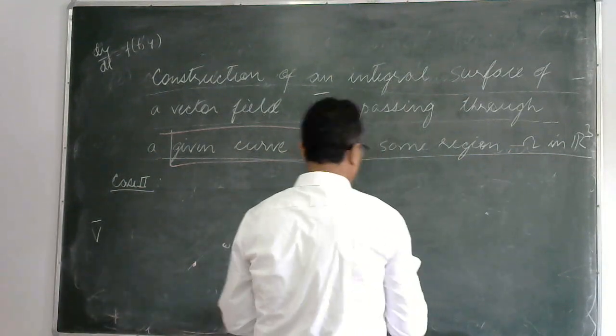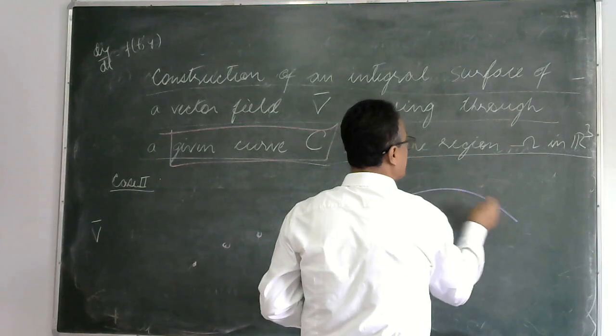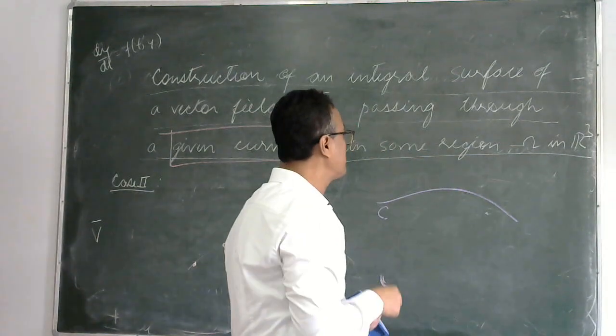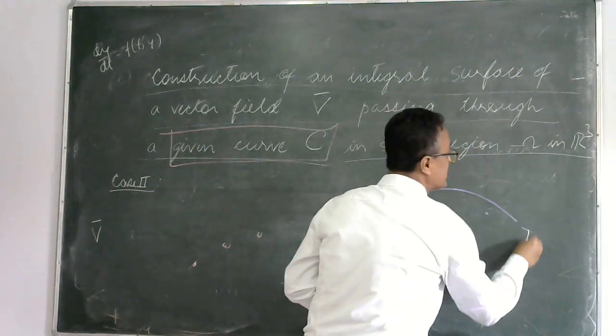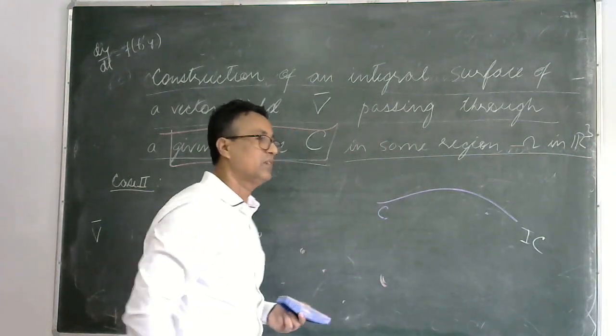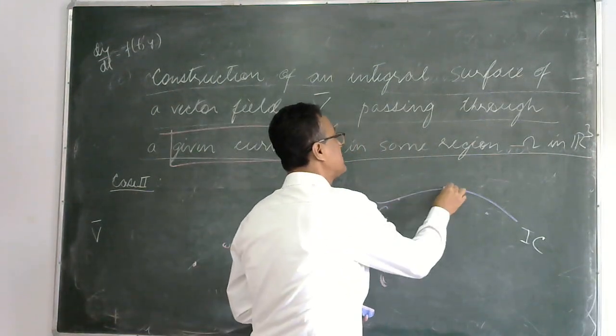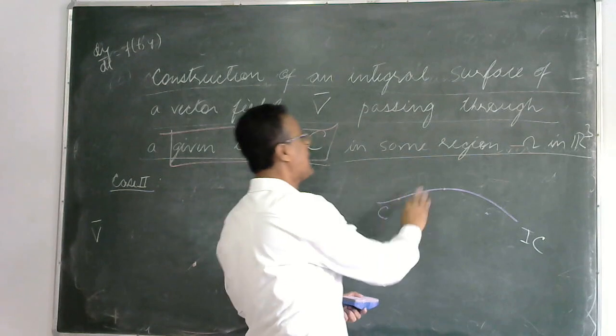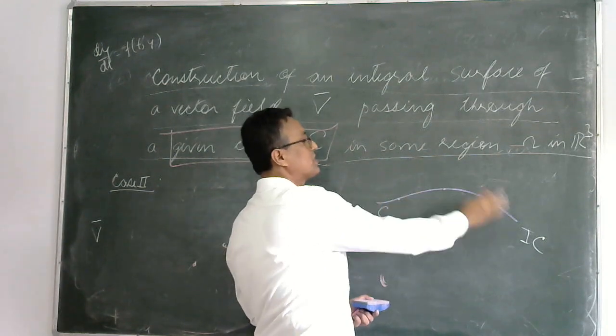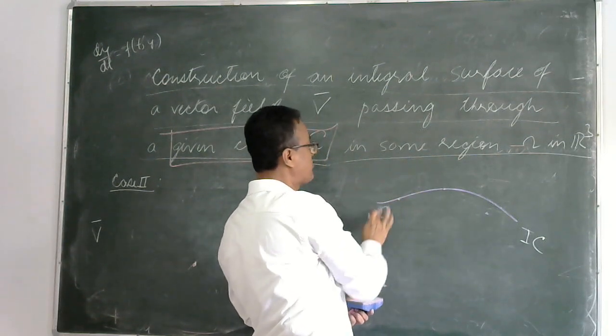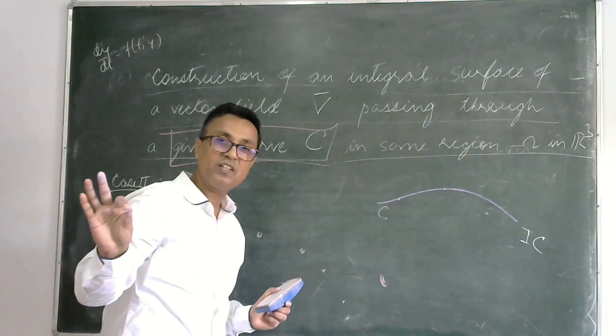I have already been given a curve C, which is an integral curve. And I told you that if I take all the points here and again draw an integral curve passing through each, I am again going to end up with the same curve. Up to this it is fine.